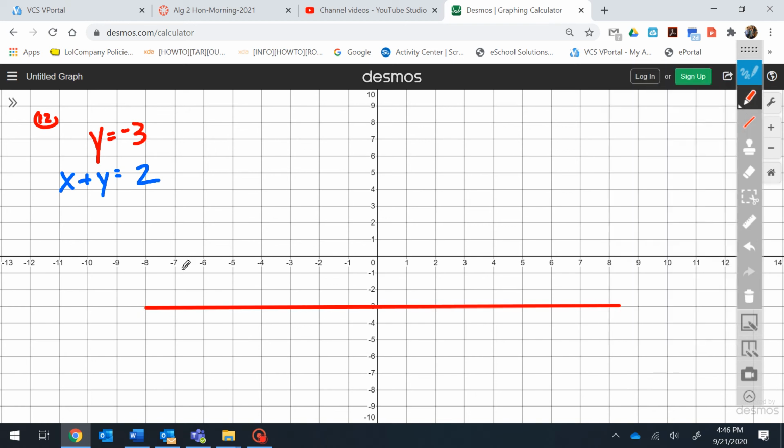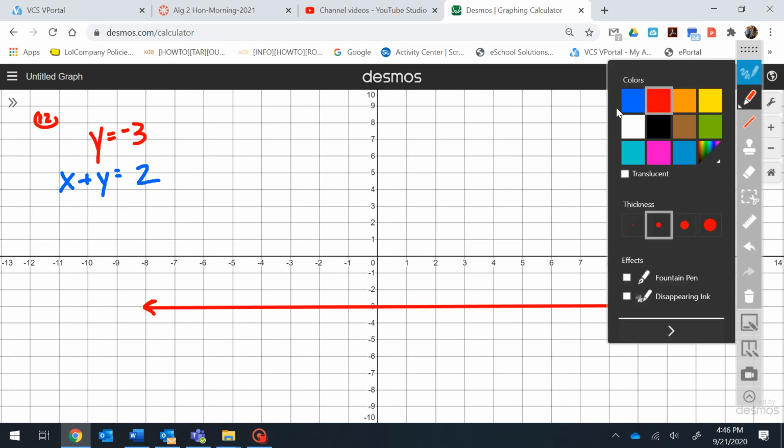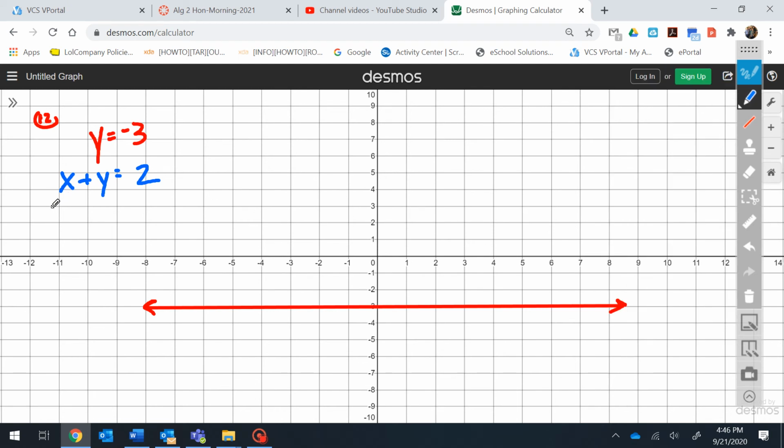Put arrows on it to imply that it goes on forever in both directions. x plus y equals 2. We do need to subtract x to get this on the other side, so it becomes y equals -x plus 2. So the slope of this one is -1/1, and the y-intercept is (0, 2).